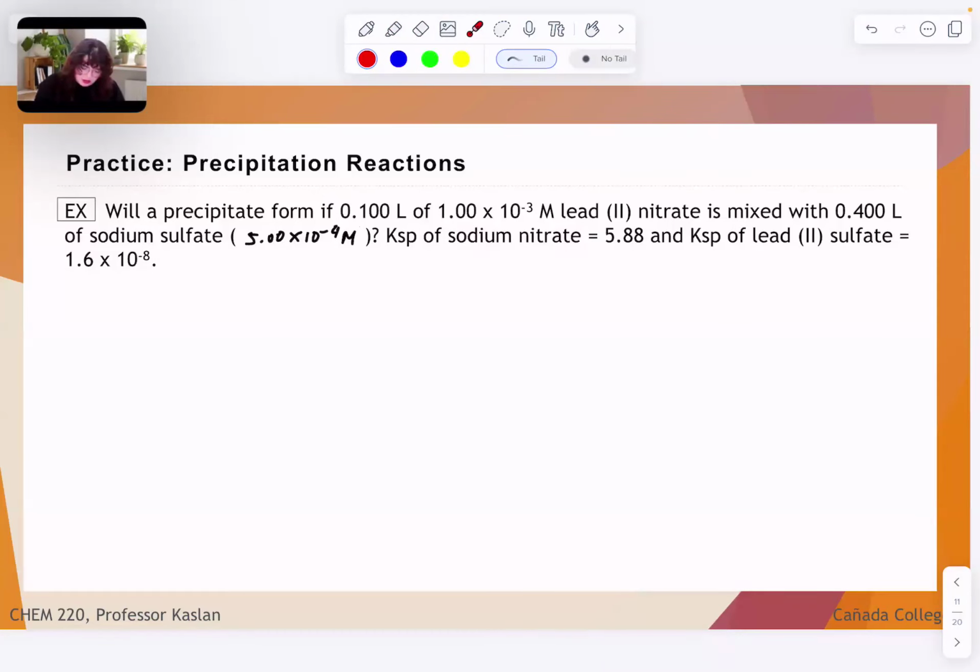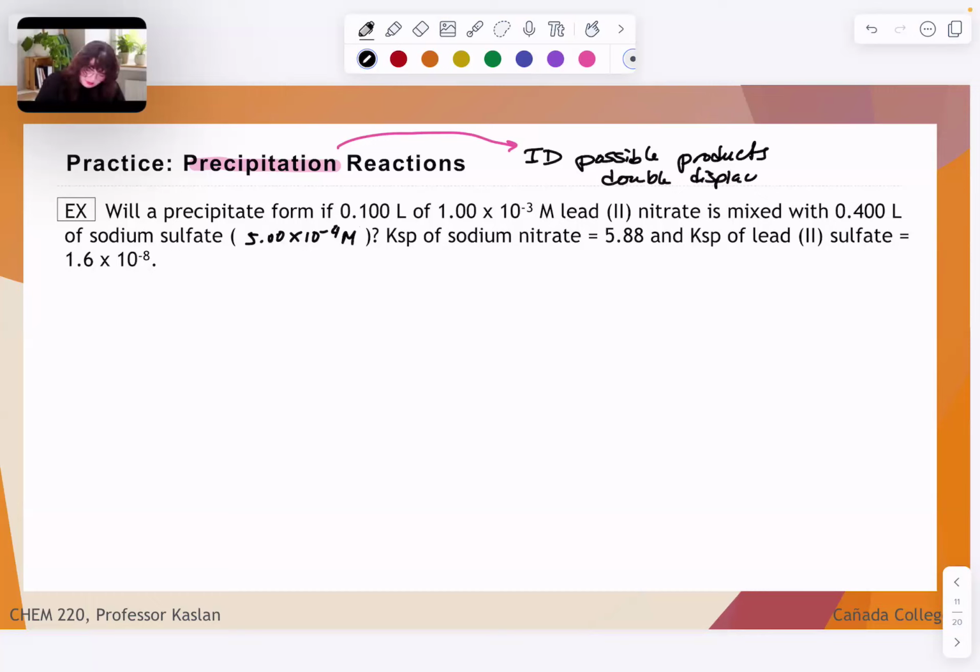So since we are looking at a precipitation reaction, let's go ahead and identify our possible products that result from a double displacement.